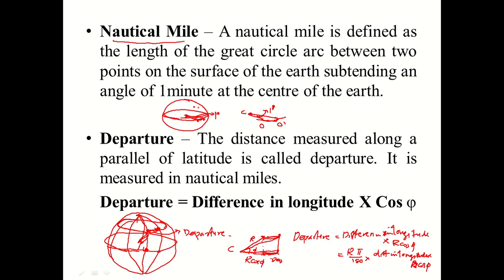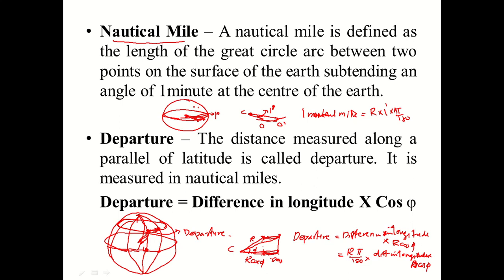But we know that one minute into pi by 180 is 1 nautical mile, or 1 nautical mile is equal to r into 1 minute into pi by 180.